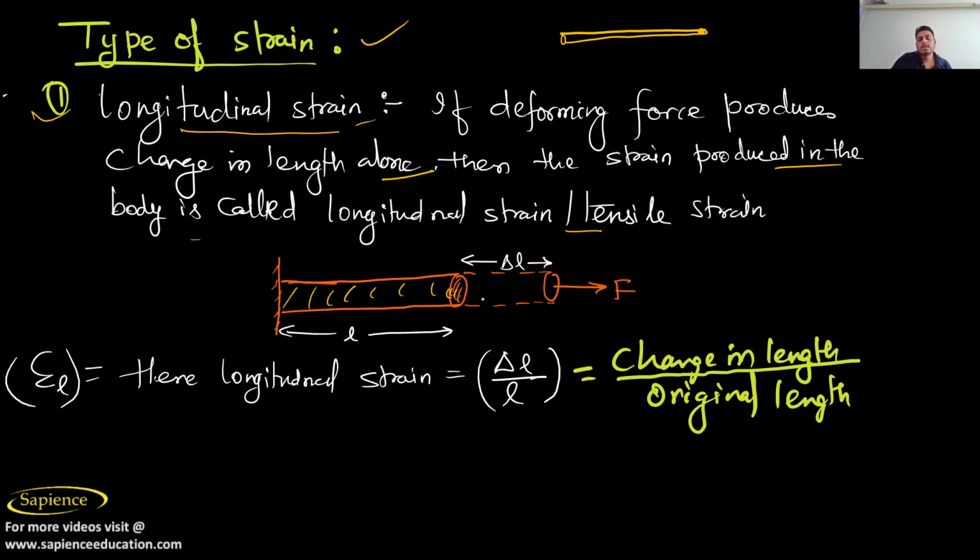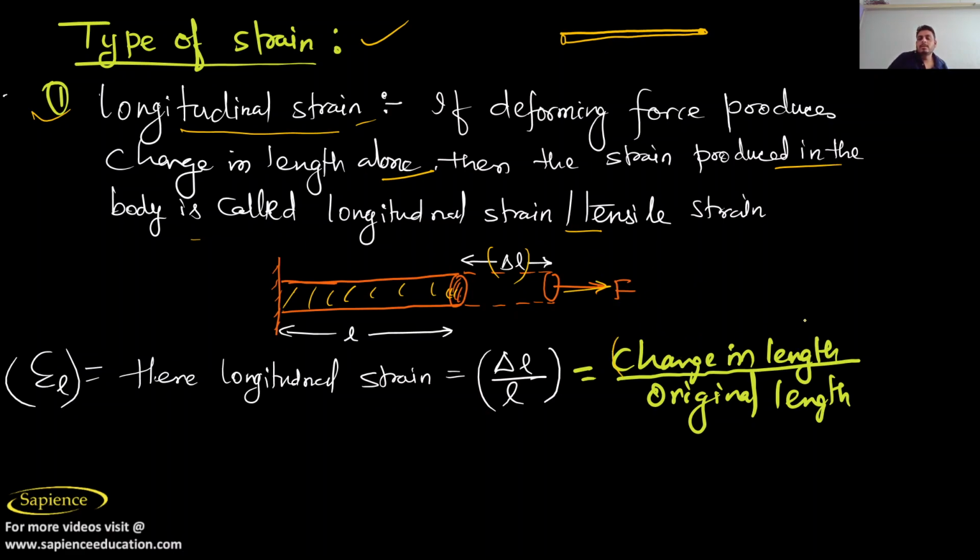So this is your original length. When you apply a force, what is happening? Length is being changed. So when only length is being changed, this type of strain is known as longitudinal strain.